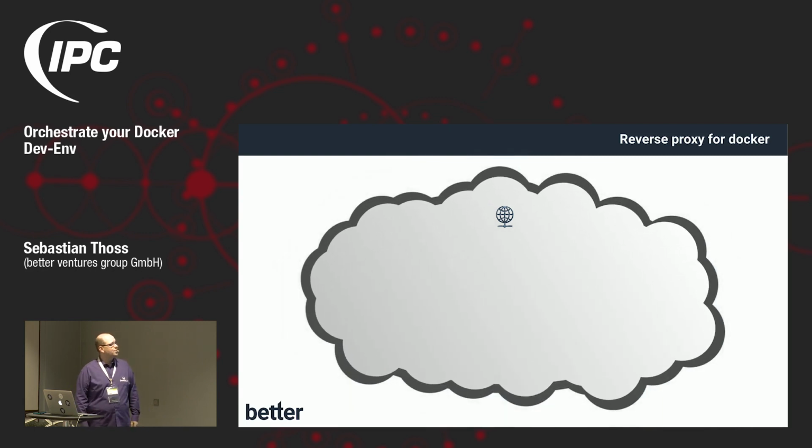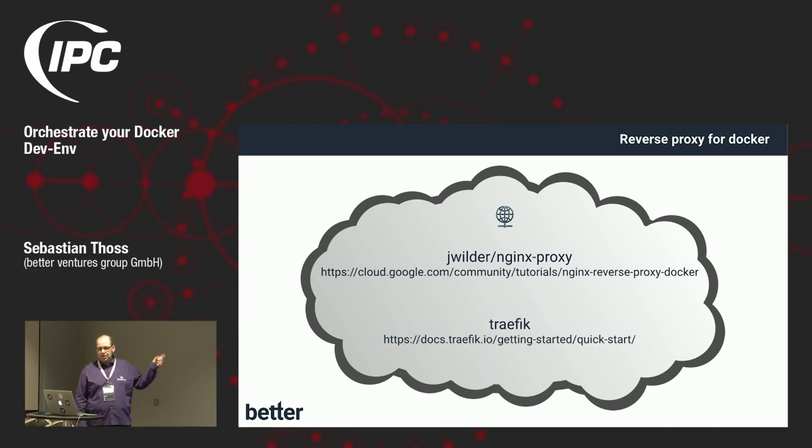There are two reverse proxies we use for several kinds of Docker Dev-Envs. There's one from Jason Wilder, which is the simple version. If you have simple projects which are just talking via HTTP together, you can use the Jason Wilder one, and it even provides HTTPS, with the link I have there.